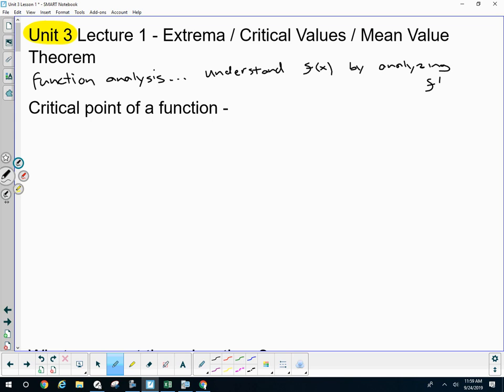Now, this unit, what are we going to do with it? What can we do with it? What we're going to get to at the end of this unit is I'm going to give you some complex functions, x cubed minus 3x squared plus 3, x to the fifth plus 5x to the fourth.